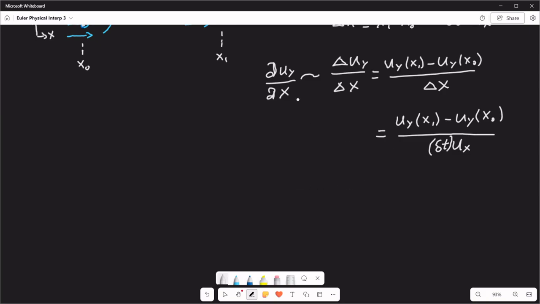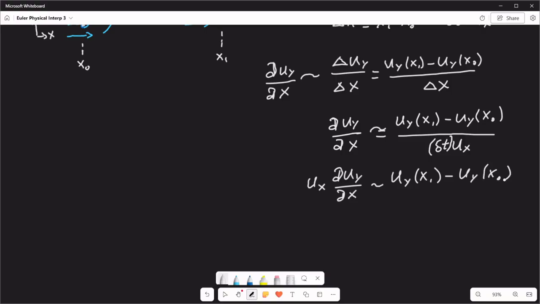So what I can basically do is say this guy approximately goes like duy dx, and then take the ux over to this side, so I have ux times duy dx, which is basically going to go like uy x1 minus uy x0 over delta t.